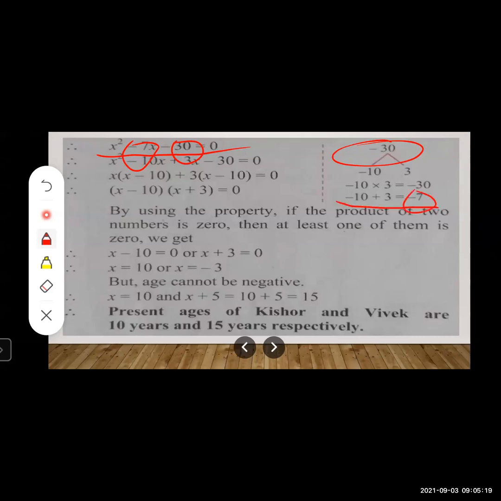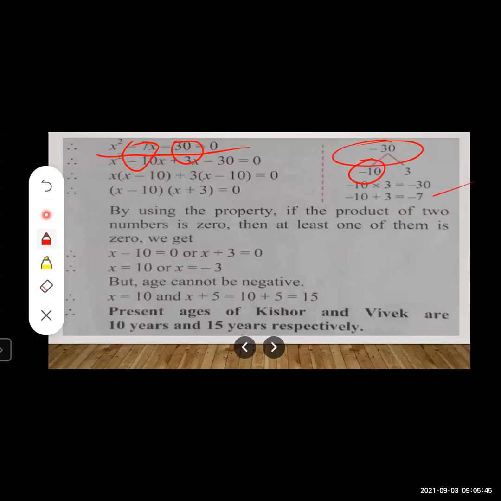And when you multiply these factors, you should get the last term. So in this way, I have found the factors of minus 30 as minus 10 and 3. So when you add minus 10 plus 3, what are you getting? Minus 7. Yes, minus 7 I am getting, and that is nothing but the middle term.